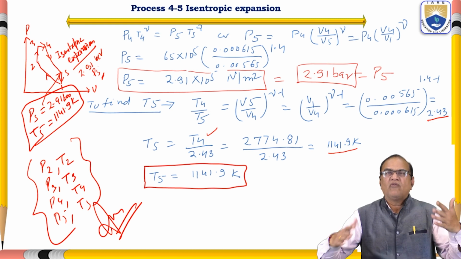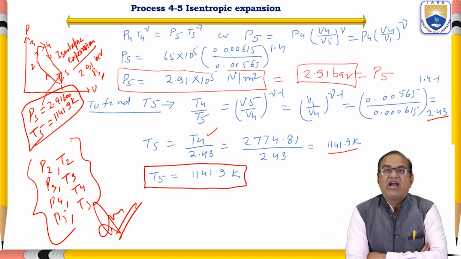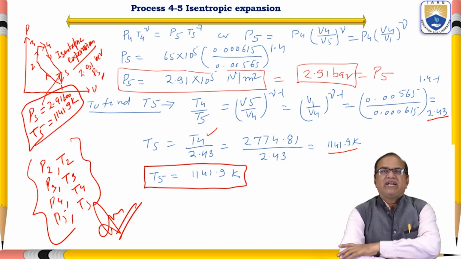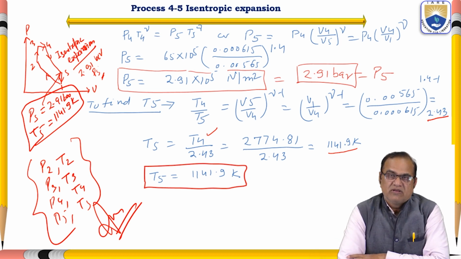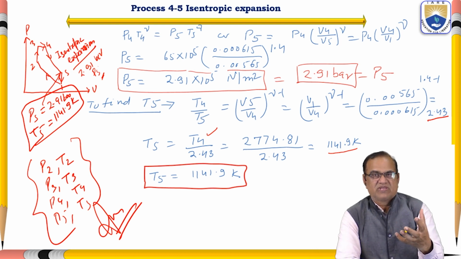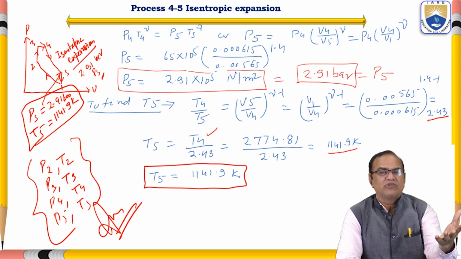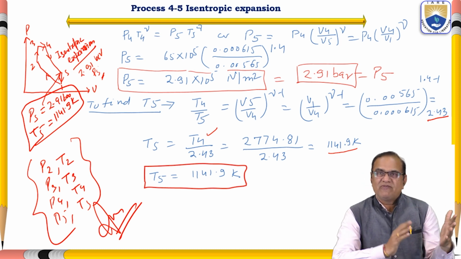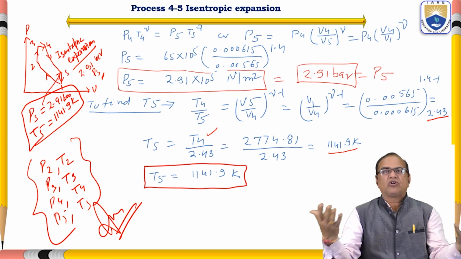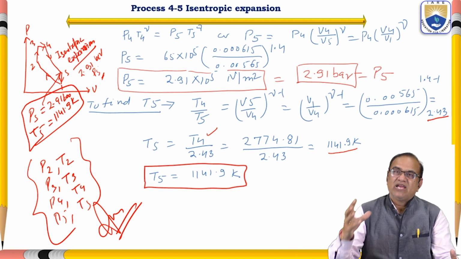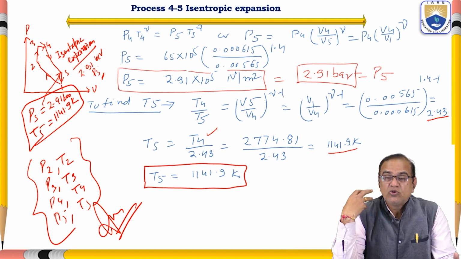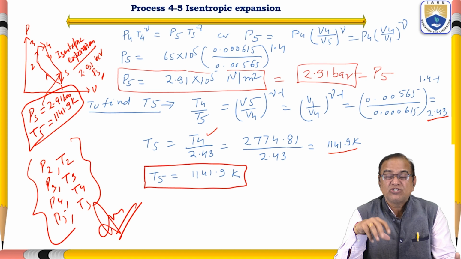Now we have to proceed ahead and find out the work done. We know from the first law of thermodynamics that heat can be converted to work and work can be converted to heat. So that principle we will use here: del Q is equal to del W. We have to find out how much heat you are supplying and how much you are rejecting.